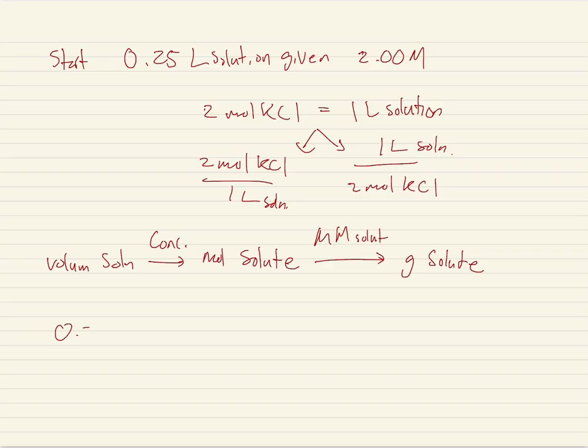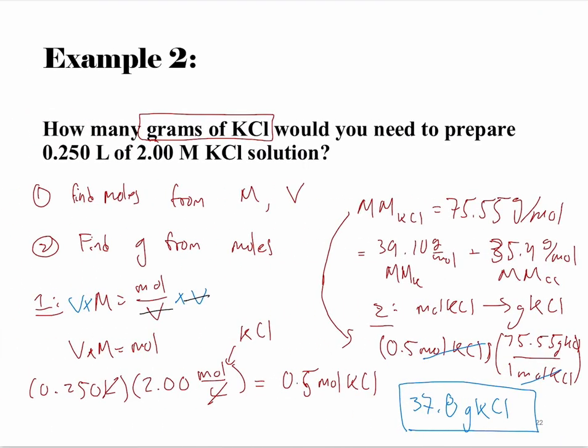So that would look like 0.25 liters. Which conversion factor would we use that we wrote above, the left or the right? The left, right, because there's units of moles in the numerator. So we have 2 moles potassium chloride per 1 liter. And then the last one is using the molar mass, which was 74.55 grams per mole.